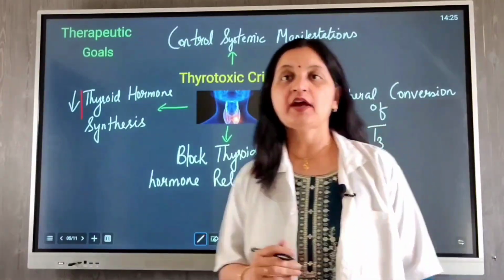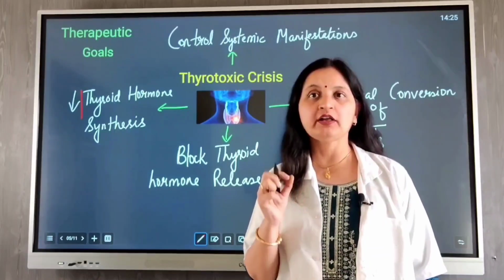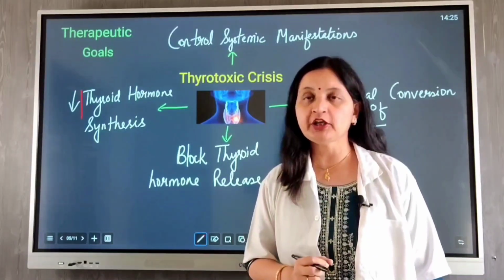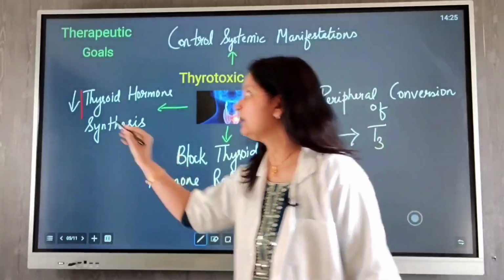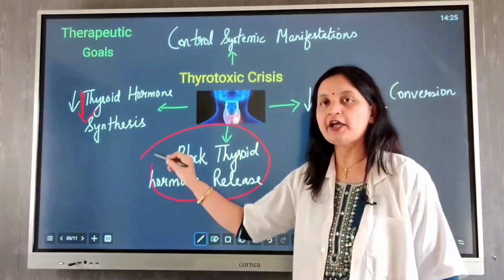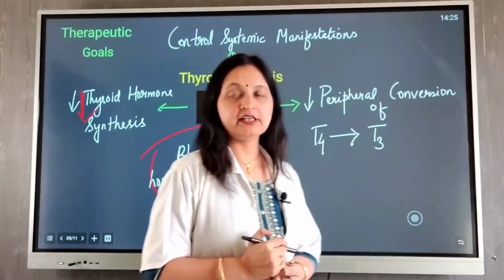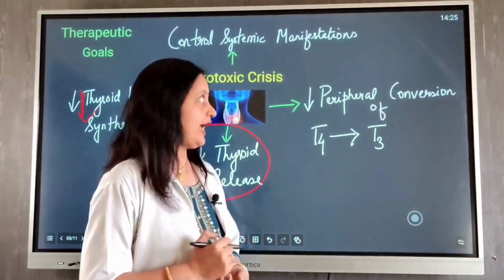Thyrotoxic crisis is characterized by elevated T3 and T4 levels and excessive thyroid action. Therefore, the therapeutic goals are aimed towards decreasing the thyroid hormone synthesis, blocking the release of thyroid hormones, thus decreasing the thyroid hormone levels in the circulation and reducing the thyroid hormone action.